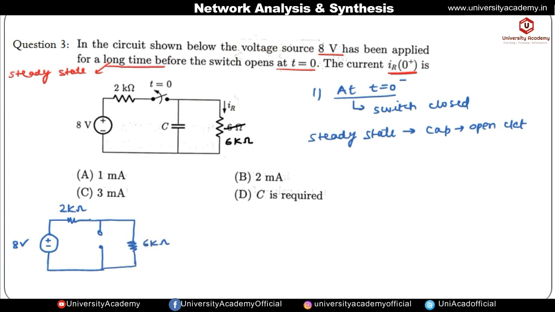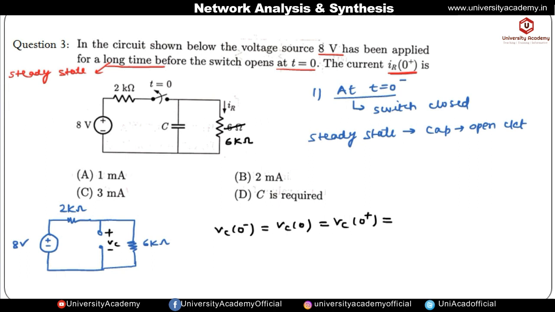Let us find the voltage across this capacitor, Vc of 0 negative. We know the capacitor does not allow a sudden change in voltage, so this equals Vc of 0 and also Vc of 0 positive, because the voltage across the capacitor at t equal to 0 negative remains the same at t equal to 0 positive.